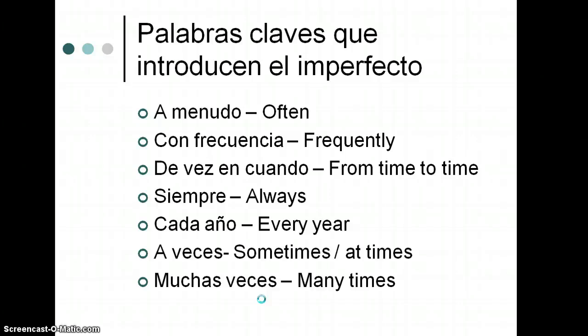Siempre, always. Cada año, or cada anything, cada semana, cada mes, cada año, cada día. In this case we have cada año, every year. A veces, sometimes, at times. We could also use algunas veces and muchas veces.